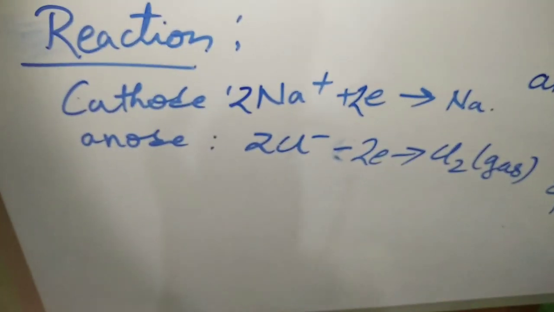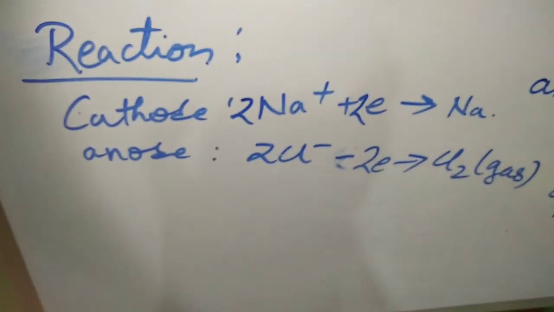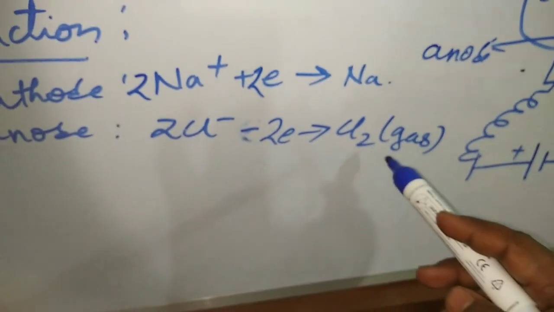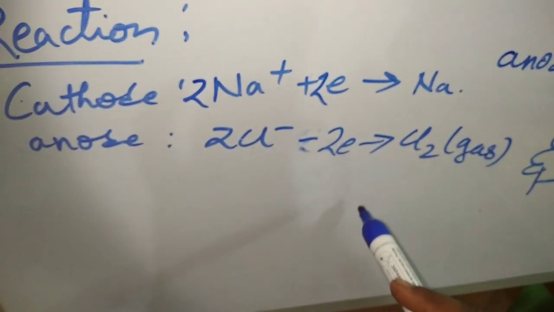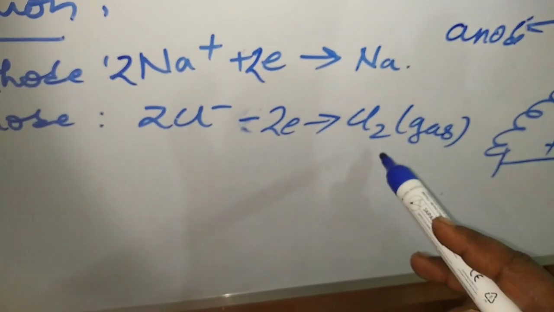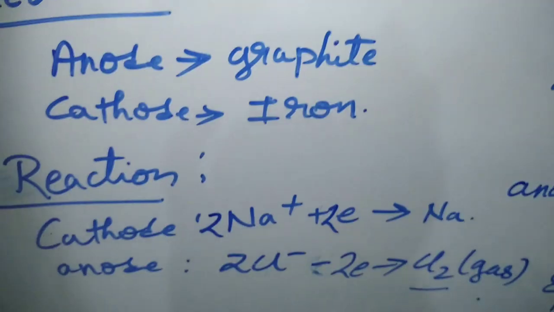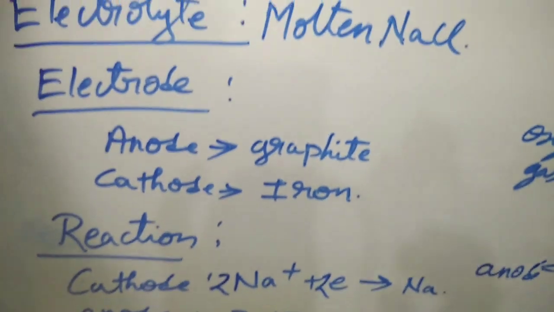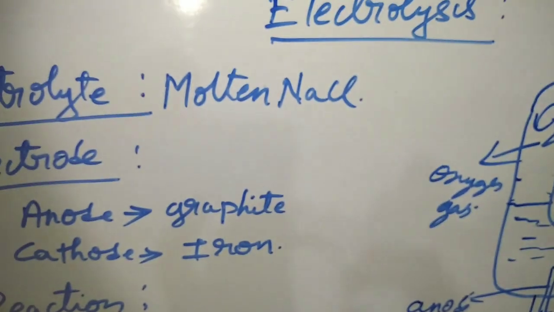Are they roaming in the air? No. Both the electrons are taken by sodium only. The chloride ion releases 2 electrons and forms a Cl2 molecule, and it is a gas. Okay students, both these reactions are very important for the electrolysis reaction or electrolytic decomposition reaction.